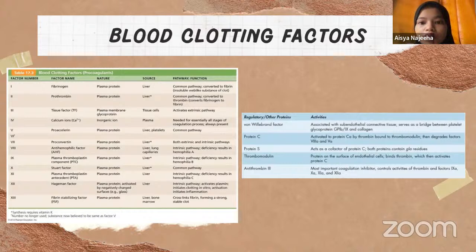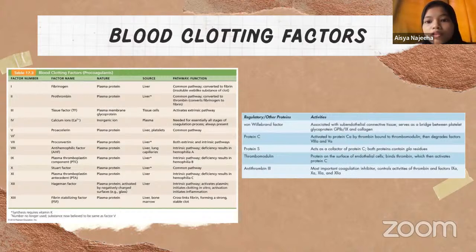Next is Stuart-Prower factor. It is a plasma protein, could also be found in the liver, and is involved in the common pathway. The next one is plasma thromboplastin antecedent. Its nature is plasma protein and it is also from the liver. It is involved in the intrinsic pathway, and its deficiency results in hemophilia C. Next is Hageman factor.